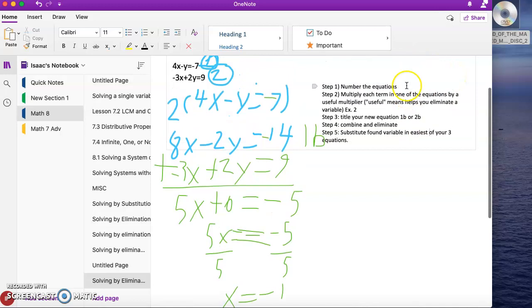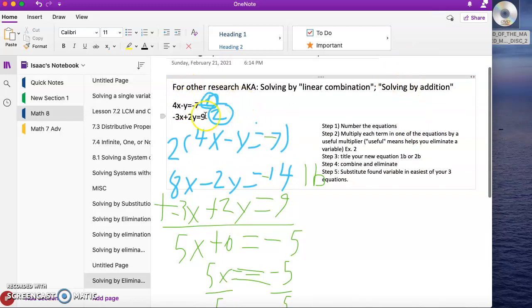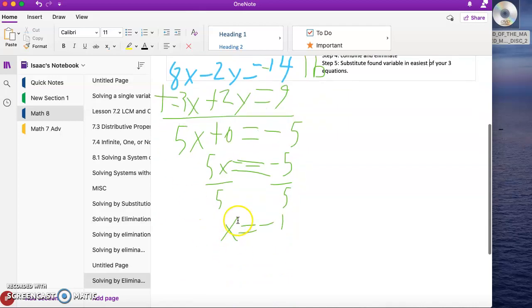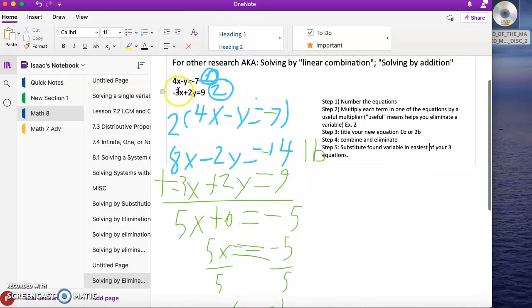So let's see, I've got equation 1, equation 2, and equation 1b, the one that I made myself. Well, let's see, which one has the smallest variables? 3 times x wouldn't be too much trouble, but I'd end up with that whole double negative situation. I think that equation 1 is the easiest to use.